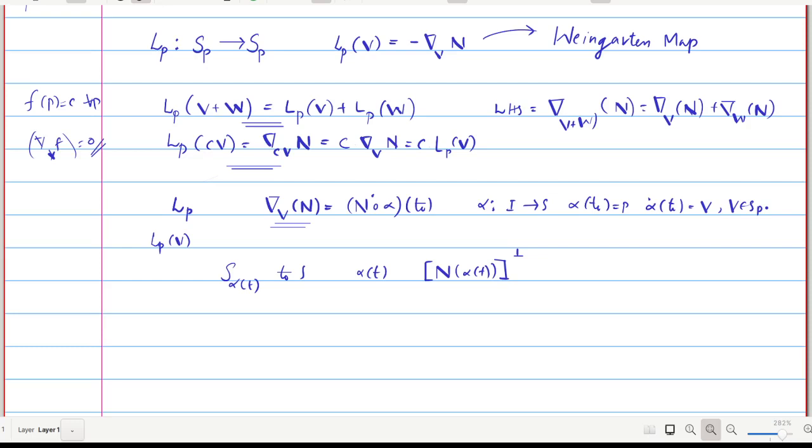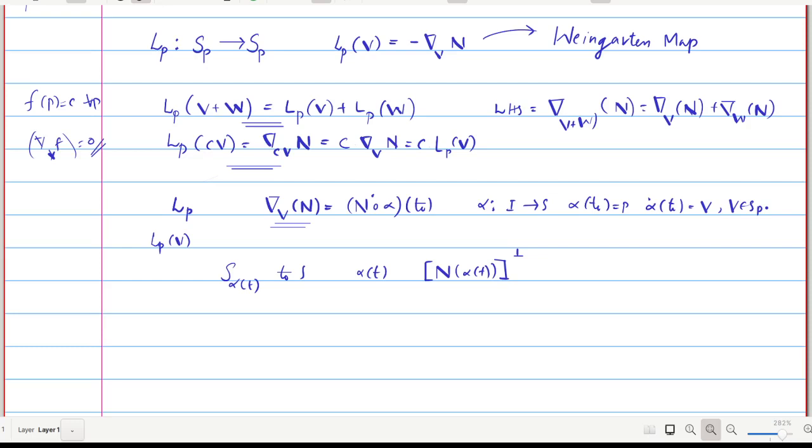So this L_P V can be interpreted as a measure of the turning of the tangent space instead of the turning of the normal vector field, because whenever the normal vector field turns, the corresponding tangent space also turns. That means, by not considering the turning of n of alpha of t, we directly consider the turning of the tangent space at alpha of t to measure the curviness of the surface.